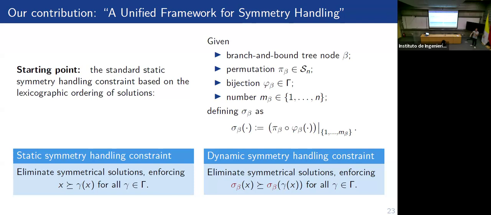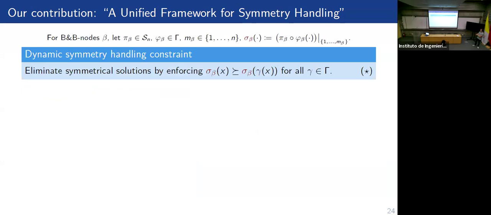Then we apply a permutation, which shuffles around the entries, and we then shrink the vector to the first m beta elements, which reduces the vector size. And by doing that, whereas here we removed all the symmetries, by shrinking the size we now allow for some room in choosing these things.